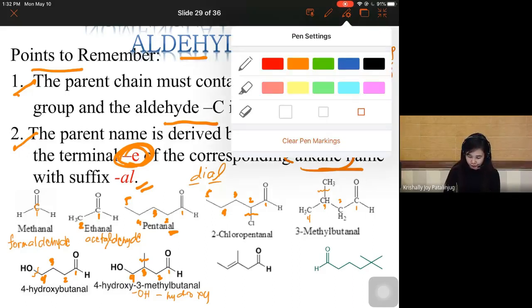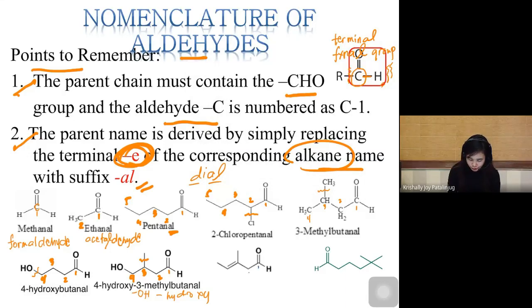Next. This is also an aldehyde. 1, 2, 3, 4, 5. Na ay double bond. Okay? So, corresponding alkene. Unsay ang corresponding alkene? It's pentene. Iyang corresponding alkene kay na may double bond.